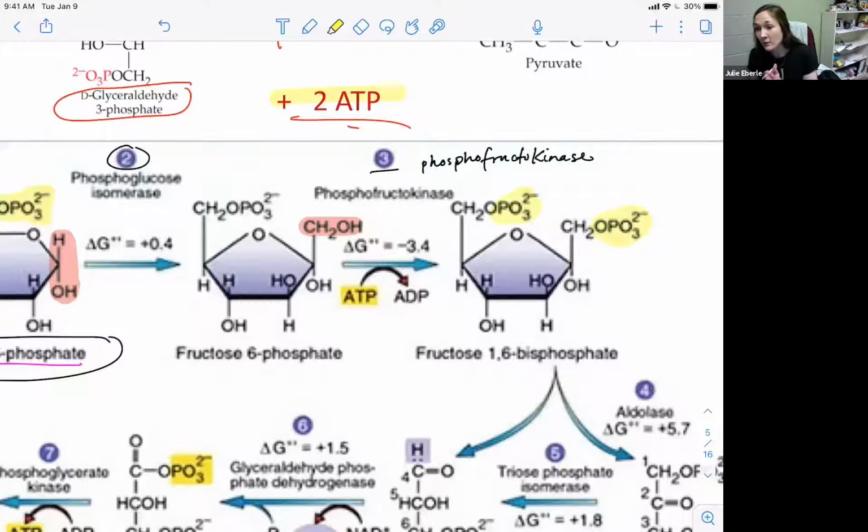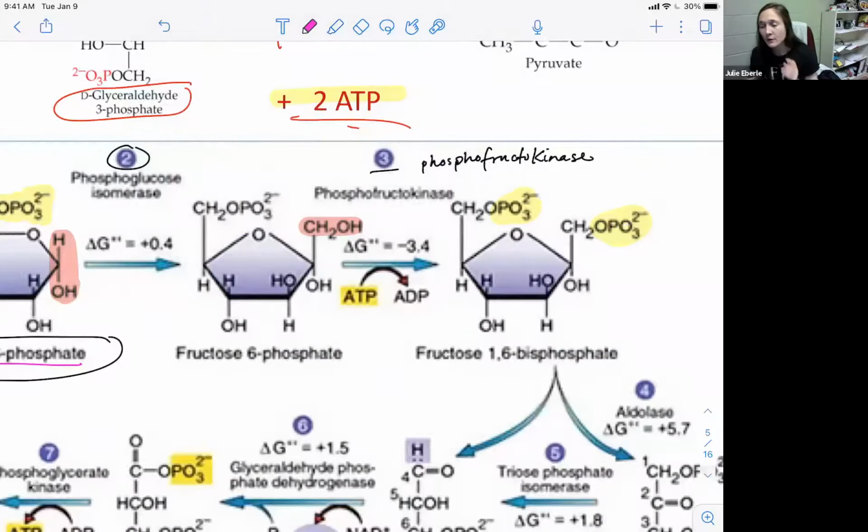And now we're done with the energy investment steps. We have one last thing we have to do. Well, we're almost done. 4 and 5 technically are classified as energy investment. One more thing we have to do before we have this intermediate that is then ready to generate some ATP. But let me share one more thing about step 3.